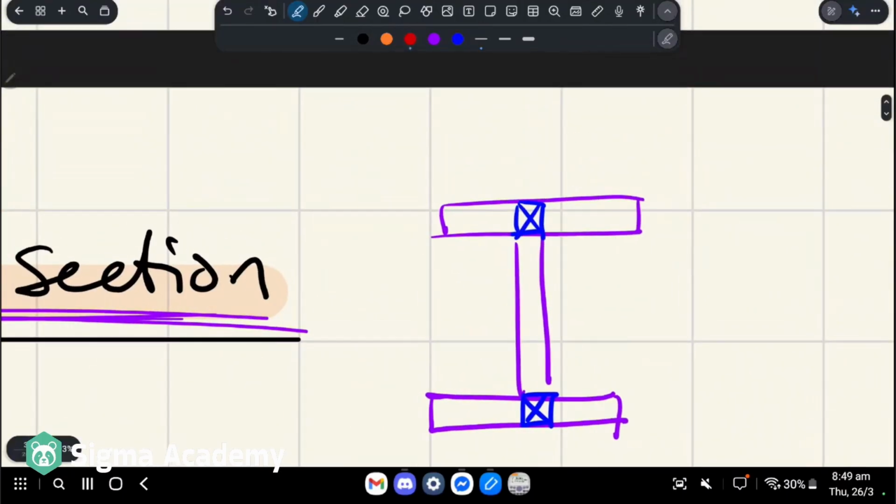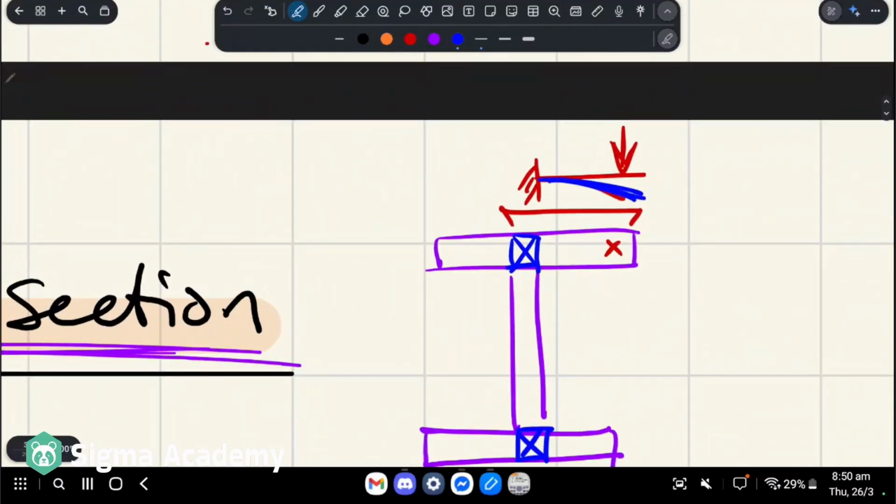If you're thinking about compression forces going into the page, you essentially have this cantilever beam. So in and out of the page, you have this force, and it's causing the cantilever to bend like that. In this case, this flange of this I-shaped section is supported on one side.